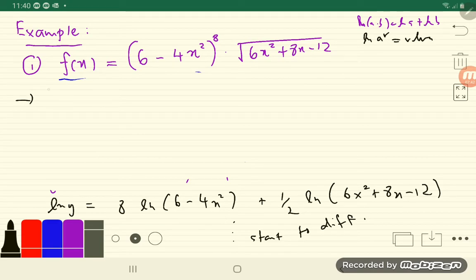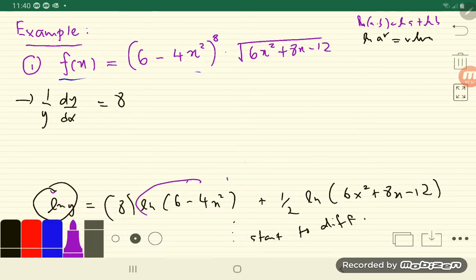So differentiate ln y with respect to x, you are going to get 1 over y dy/dx. Then differentiate this part, you are going to get 8, you write it again. And what happens if we try to differentiate this part?